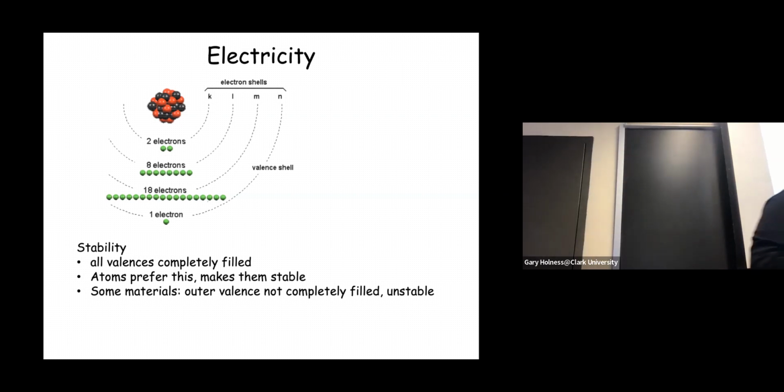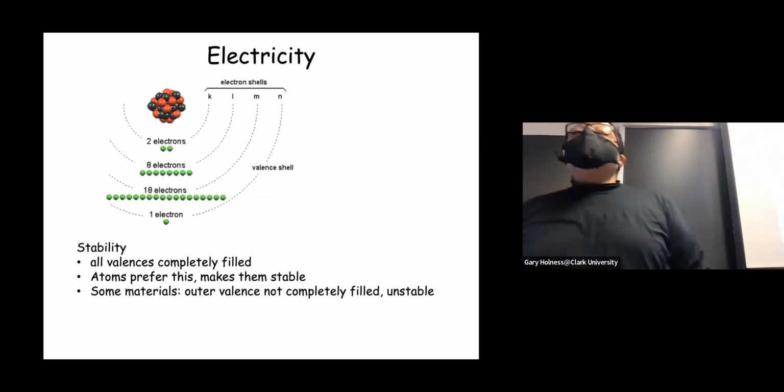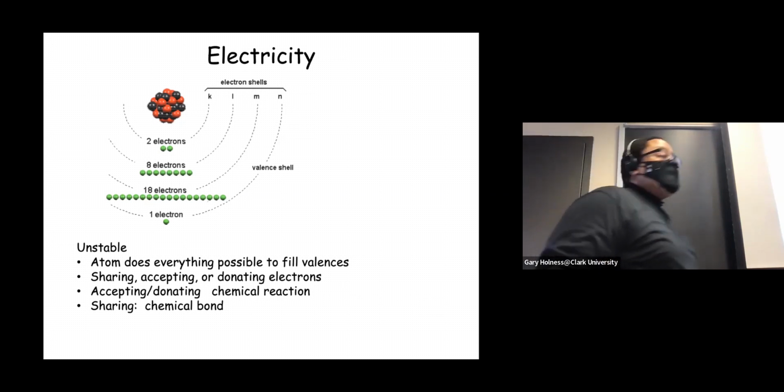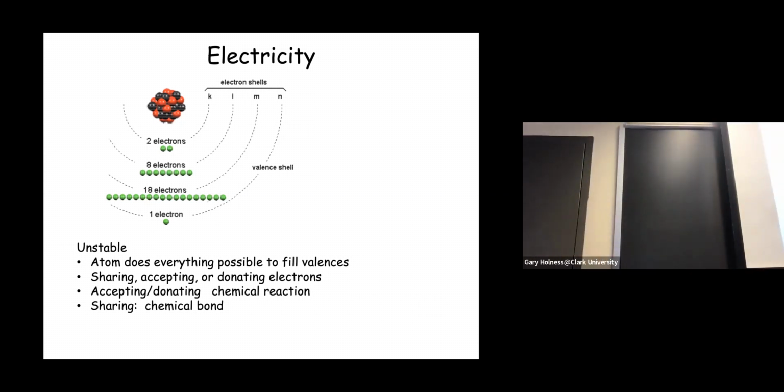Something that's not completely filled in its valencies is therefore unstable. Things like to be stable, right? And so an atom will do everything possible to try to fill all of the vacancies in its valences. That's what it wants to do because it wants to go to stability.